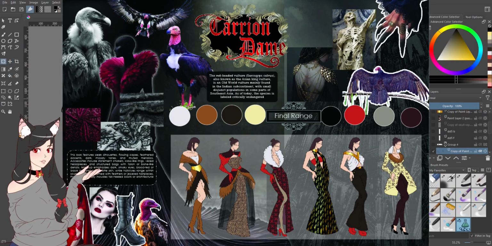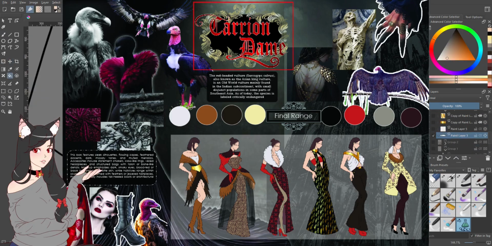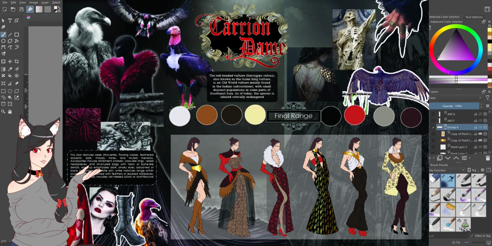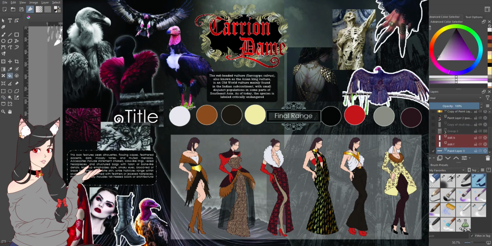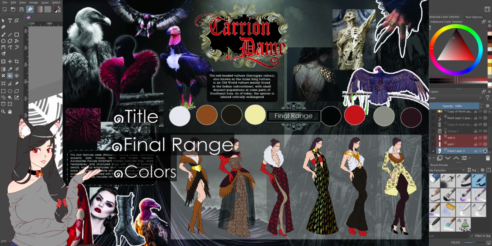For the display board, obviously you need to put in the name and then a little bit of a description on possibly your look, your embellishments, your designs, your material. Points to note, these are the few things that you have to keep in. You have to keep in your title, you have to keep in your final range, and you have to keep in the colors that you picked.